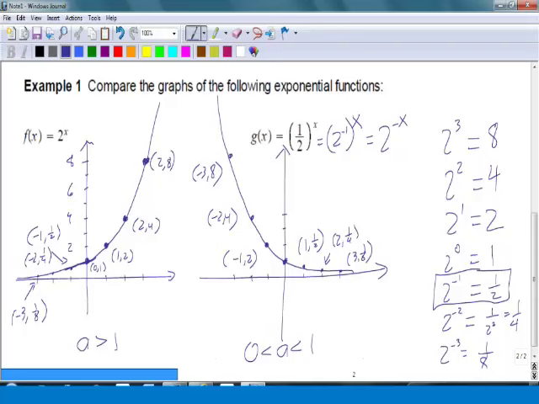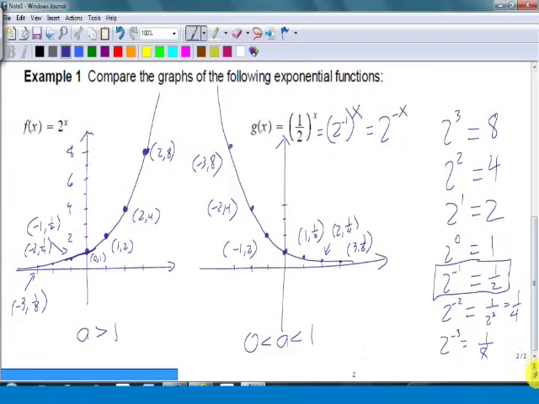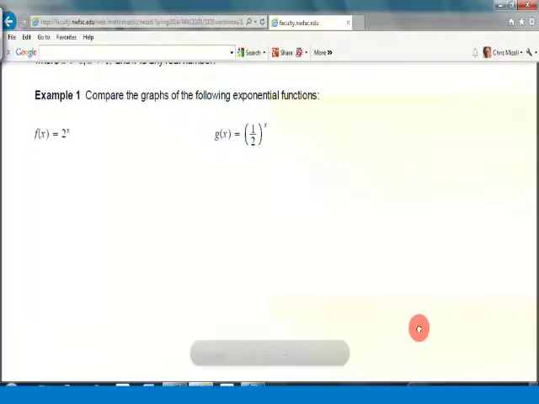So what we've seen is that exponential functions with base greater than 1, like 2, are increasing on their entire domains. Exponential functions with base between 0 and 1 are decreasing on their entire domains, like 1/2 to the x.